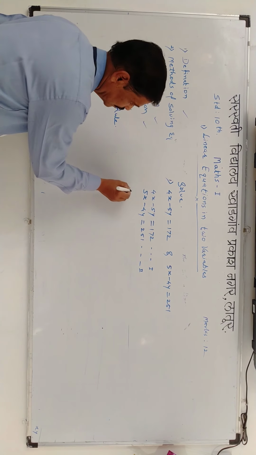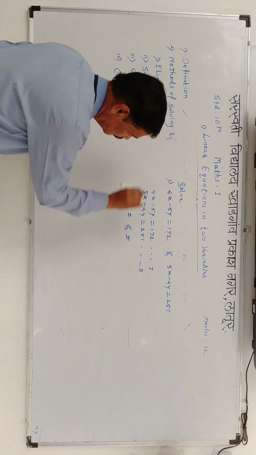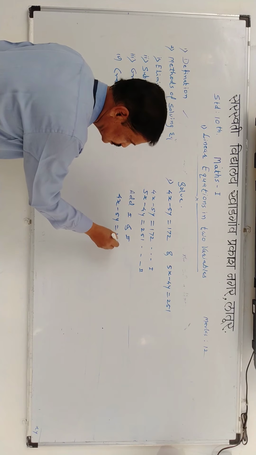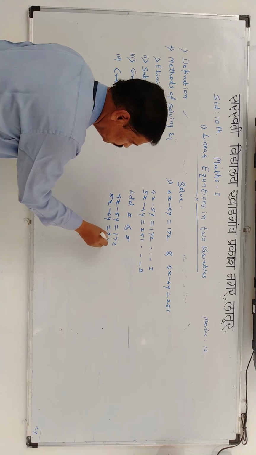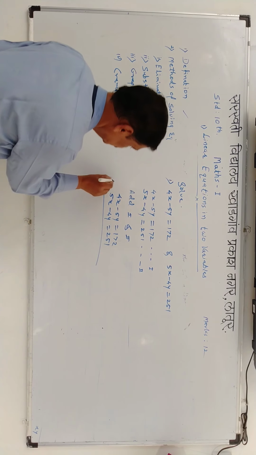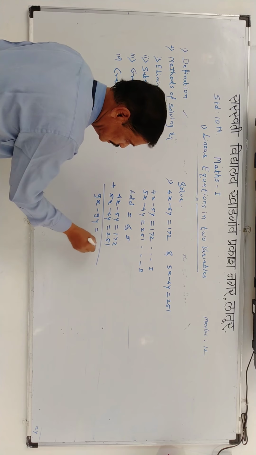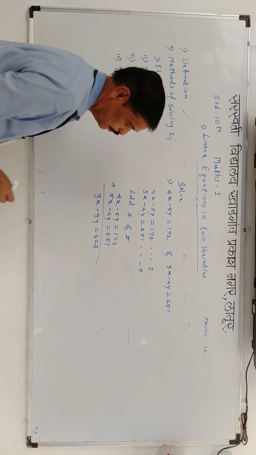Add the first and second. We get 4x minus 5y is equal to 172, and 5x minus 4y is equal to 251. Add them: 9x minus 9y is equal to 423.